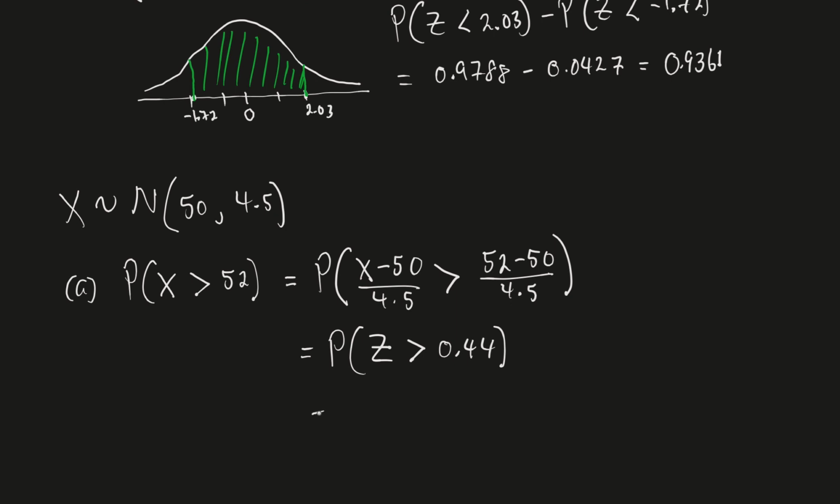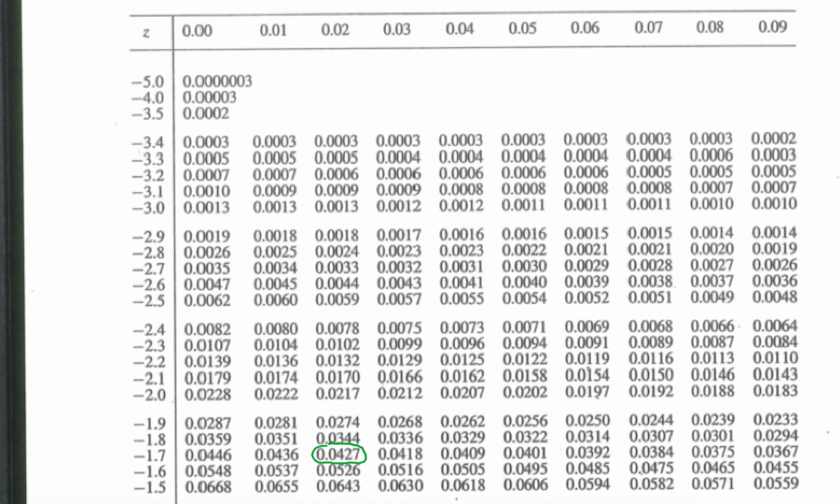And if we want to do our complement now, we can say that this probability is equal to 1 minus the probability that z is less than or equal to 0.44. And this is where we're going to go to our table and find the cumulative probability associated with this z value. So let's switch on over to our table and find out what that is.